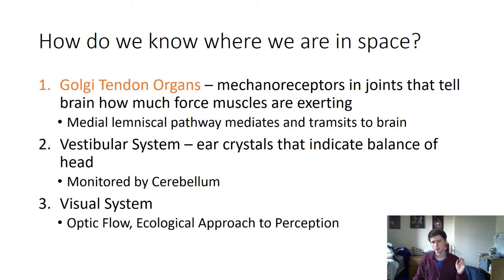Optic flow is basically, as you move through an environment, the rate at which your environment changes around you, and it tells us where we are in regards to our surroundings. So Golgi tendon organs are body in regards to itself. The vestibular system is like head in regards to gravity, and the visual system is basically the body in regards to its surroundings as they see them.